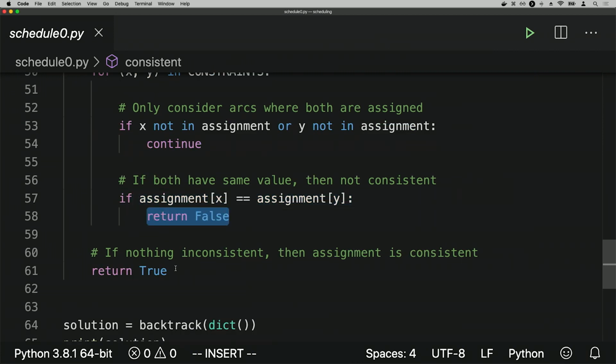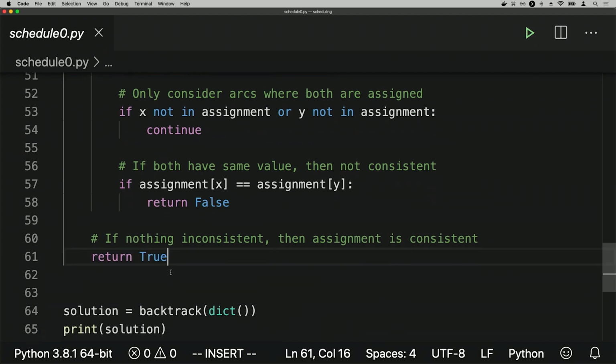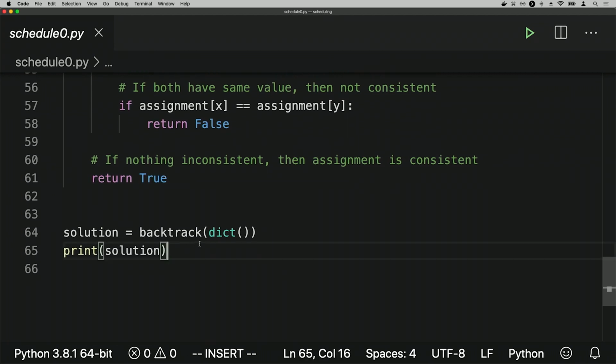But if nothing is inconsistent, then the assignment is consistent and will return true. And then all the program does is it calls backtrack on an empty assignment, an empty dictionary that has no variable assigned and no values yet, saves that inside a solution, and then prints out that solution.